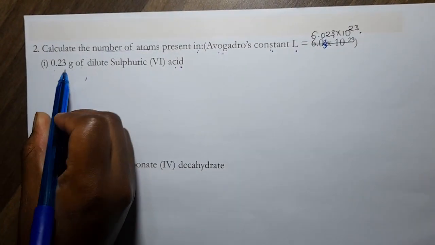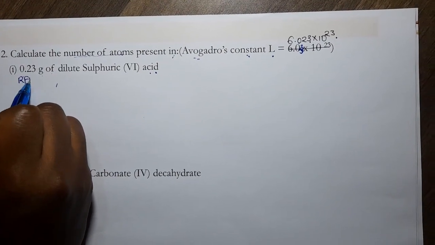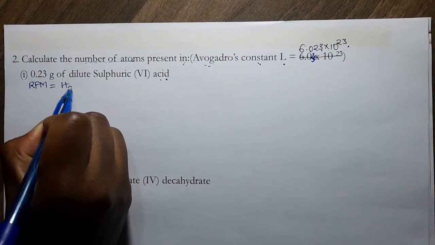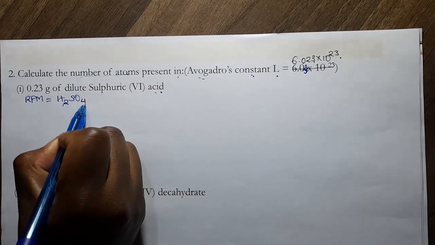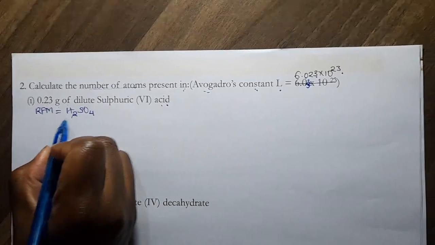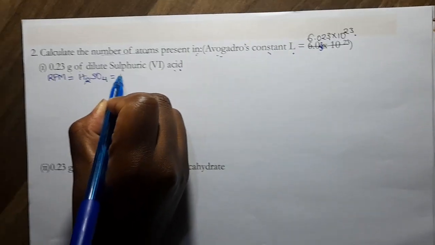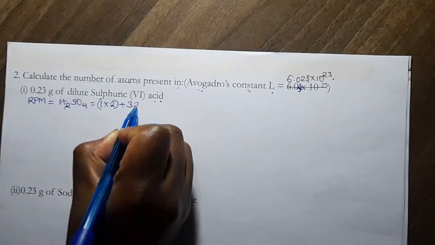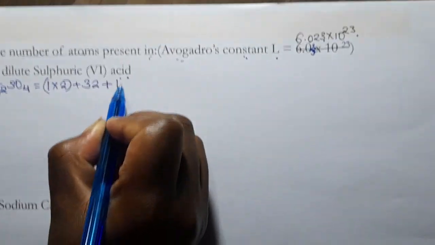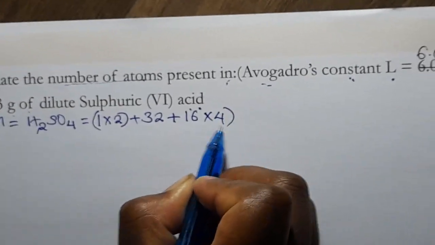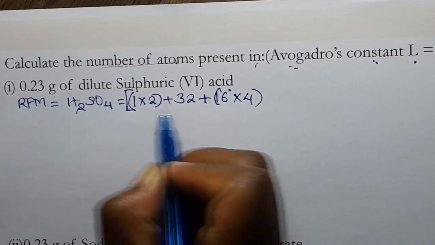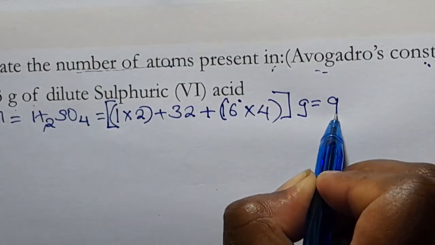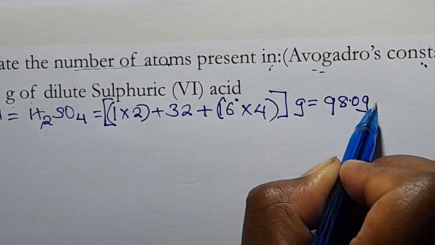To get it, we take the atomic masses of all the atoms present in sulfuric acid. So we have hydrogen, these are 2, so 1 multiplied by 2, plus 32, plus 16 multiplied by 4. We have 4 oxygen atoms, and this is giving us 98.0 grams.